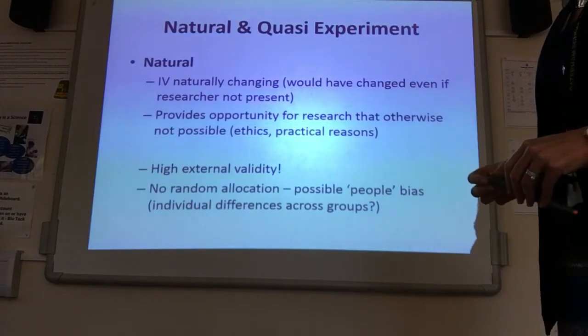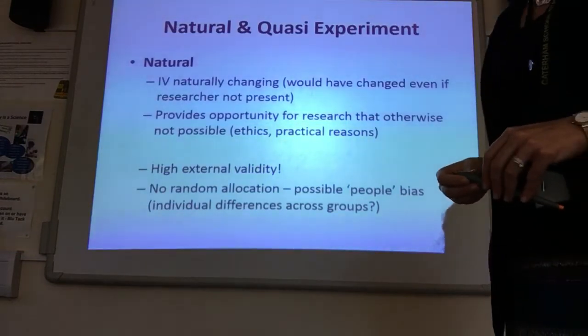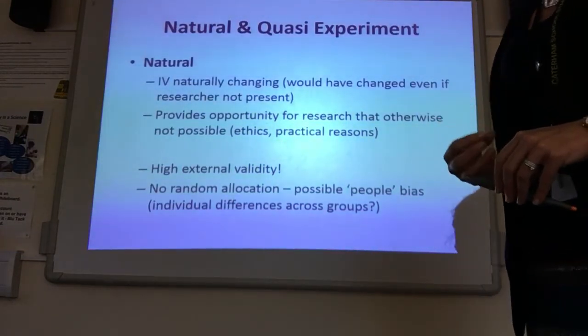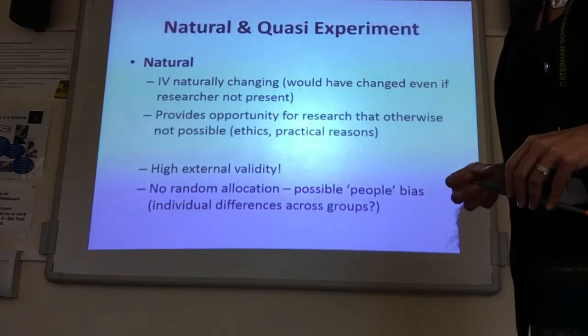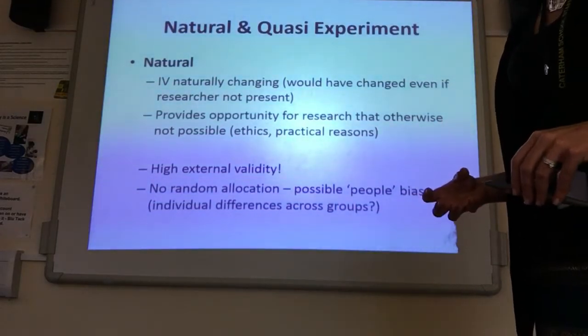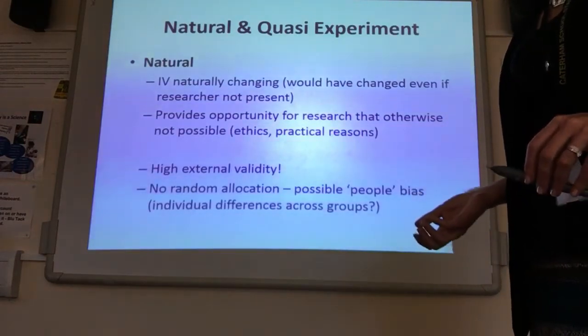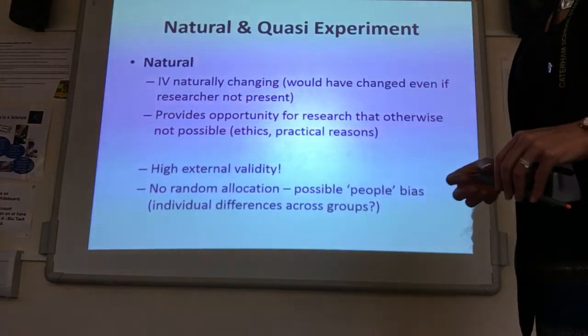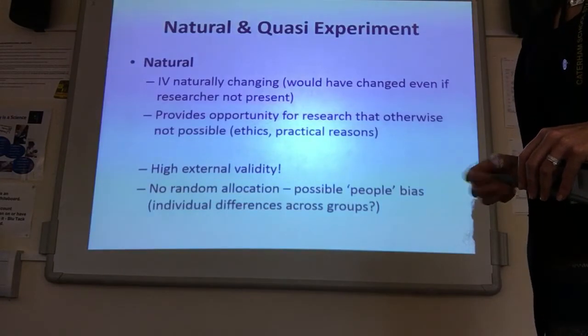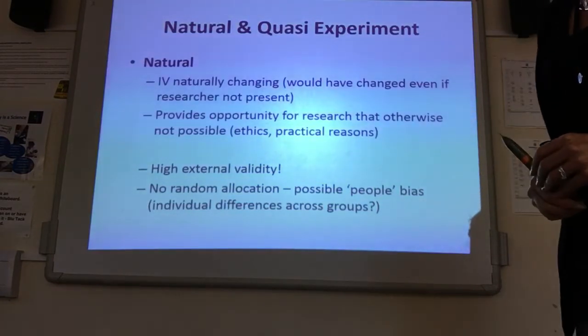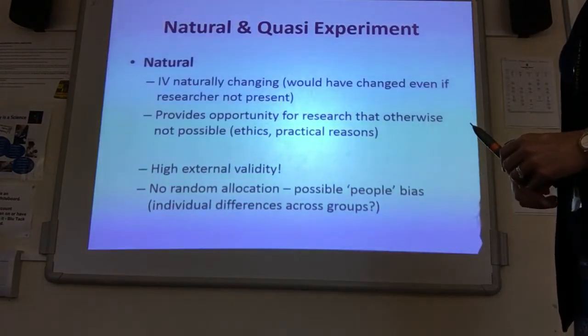So it really provides an opportunity for researchers to investigate changes in variables that perhaps would not have been possible to either manipulate in the lab or field. Most likely probably because of ethical reasons or practical reasons. And we will shortly go on to have a look at examples of these.